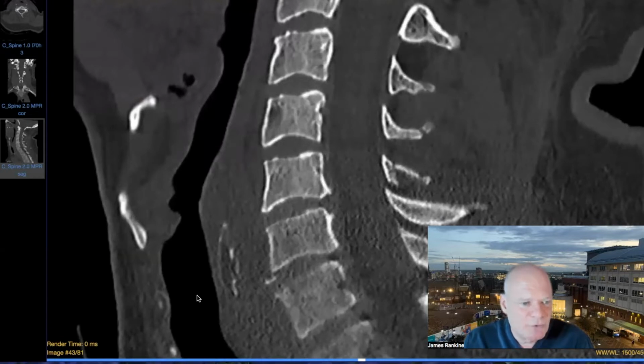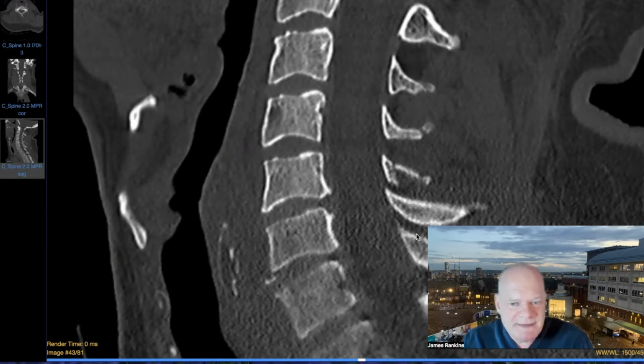And that's really all pointing towards a hyperextension injury. We expect the ligamentous structures to be intact. There may well be longitudinal compressive fractures, which I talked about in the series of these tutorials, but the ligamentous structures will be intact.